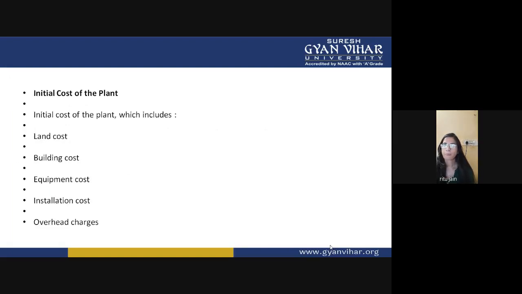Next, what is the initial cost of a power plant? Each power plant has two costs: one is operating cost, and the other is capital cost.